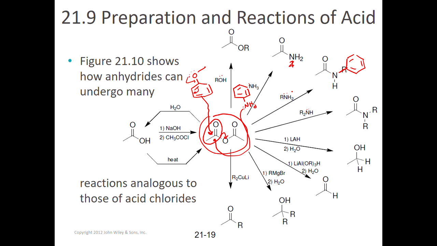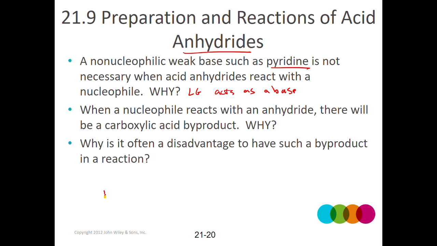So earlier we were saying that when we have an acid chloride and we use some nucleophile, maybe an alcohol or a water or even an amine, once the nucleophile attacks and then the leaving group leaves, oops, should be an oxygen.